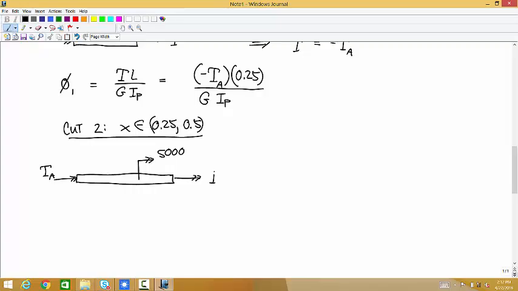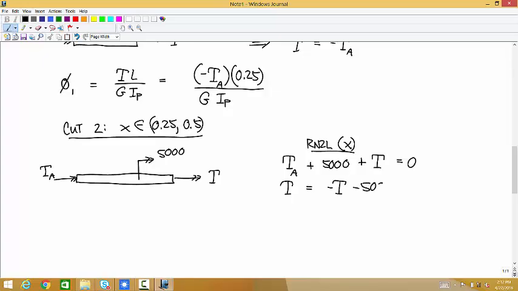And then we have the internal torque. And the moment equation about the x-axis says TA plus 5,000 plus the internal torque is equal to 0. So the internal torque is equal to negative TA minus 5,000.